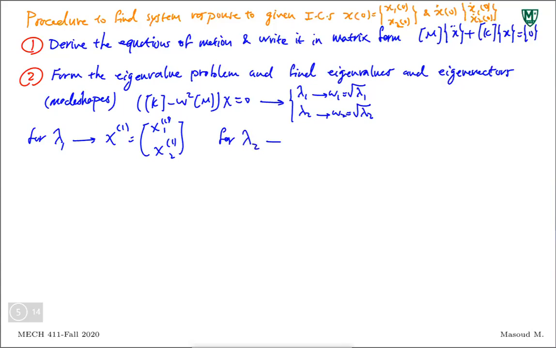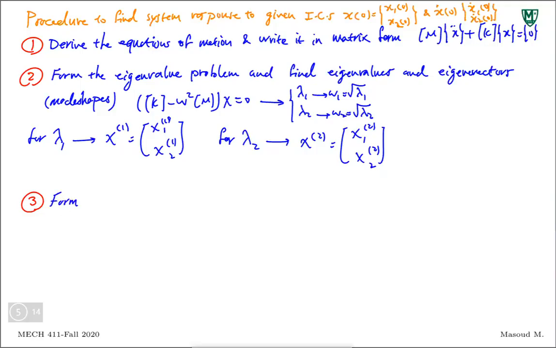For lambda 2, we get x2, which is x21, x22. So you get mode shapes. This is what we have been doing so far. The next few steps are new. The first two that we've been doing so far, we could find natural frequencies and mode shapes. Now, form.